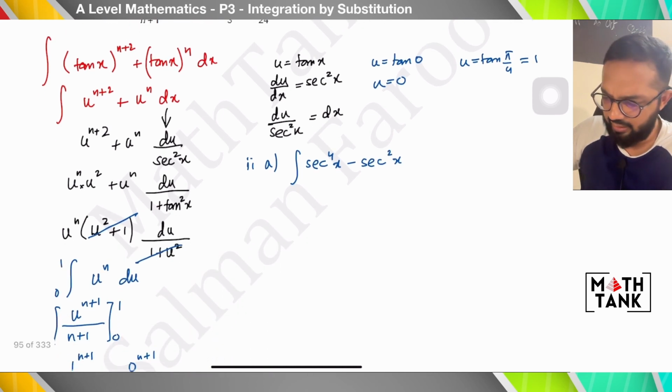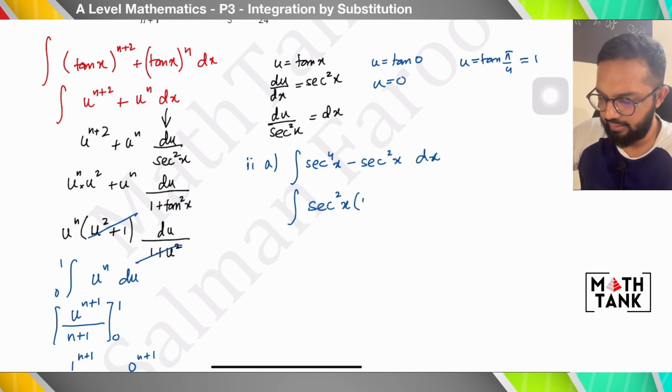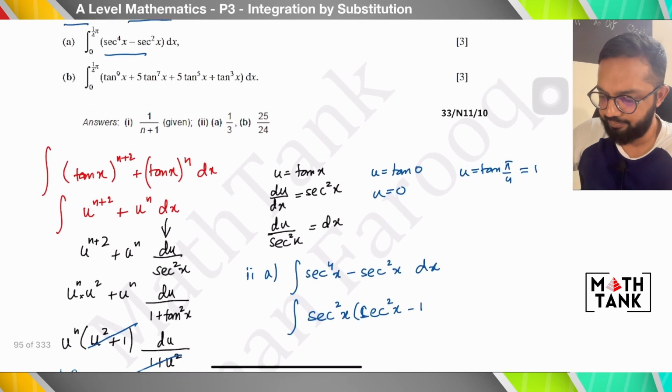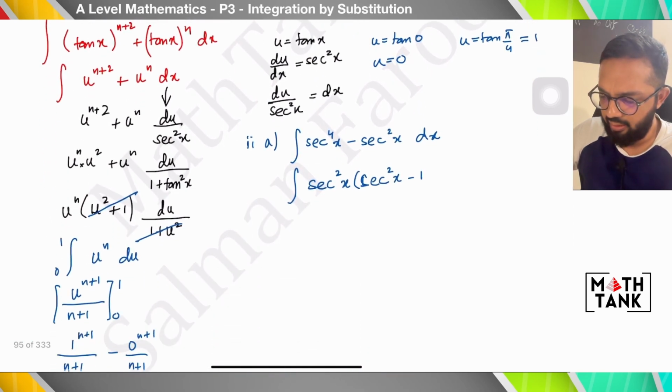What I immediately see is that there is a common factor I could pull out, sec square x times sec square x minus 1. Let's just keep it that way.